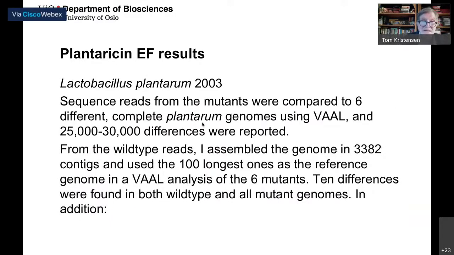My guess is that for this bacteriocin, plantaricin EF, the membrane protein that it interacts with is essential for the cell, so that if it's mutated, the cell will die anyway, which would of course make it very difficult to pick mutants.